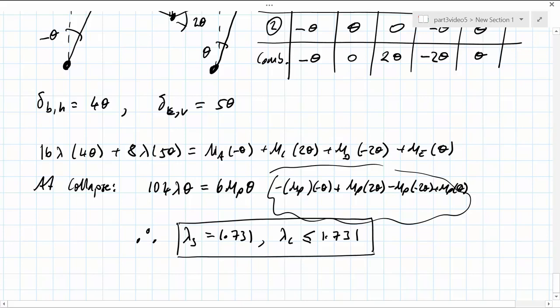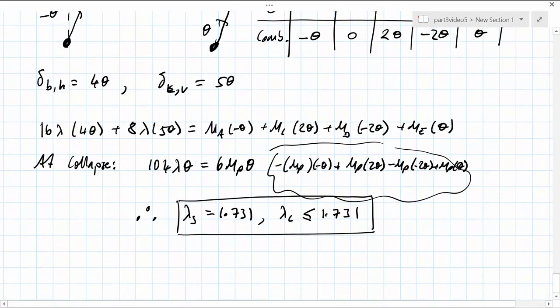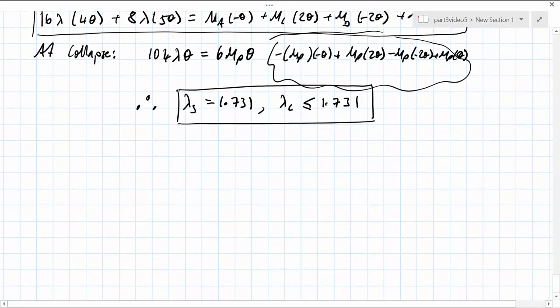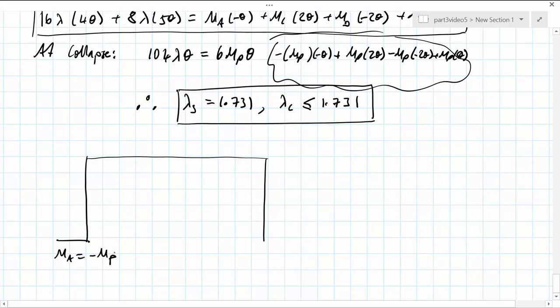Finally, again, we need to perform static checks. Looking at this equation, we can see that we have values for MA, MC, MD and ME, but MB is unknown. So partially constructing our bending moment diagram for this structure, we can see that we know that MA is equal to minus MP.